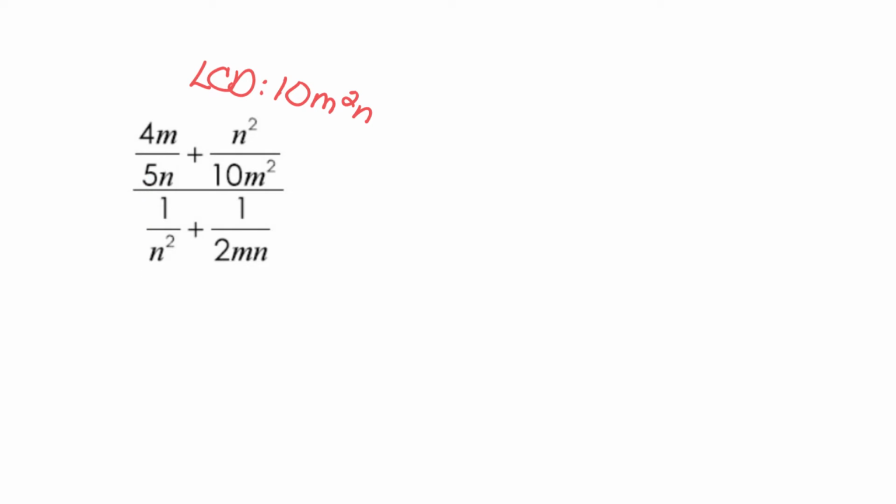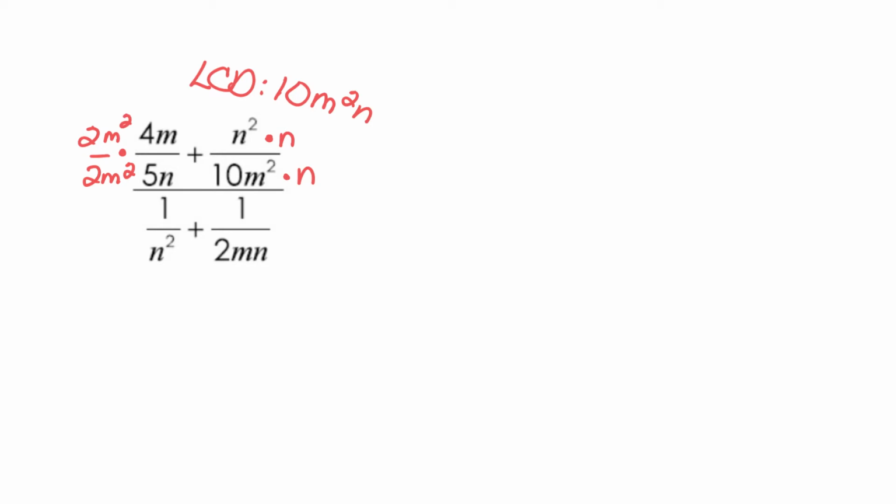So we're going to multiply this fraction right here by 2m squared. Now on the other side, we've got 10m squared, but we've got to have a common denominator of 10m squared n. So all we need to do is multiply both the numerator and denominator by n.